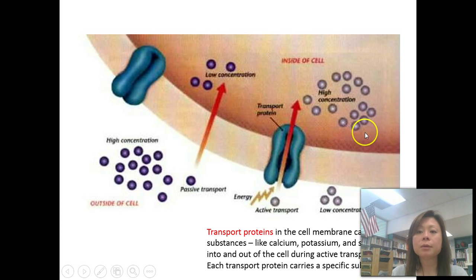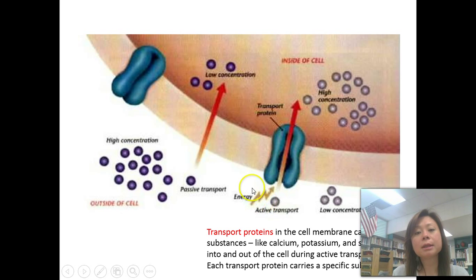On this side, we see a lot more molecules on the inside than the outside. So here's higher concentration inside of the cell and lower concentration on the outside. So you would think that these molecules want to come out of the cell, and that would be considered passive transport. But sometimes the cell needs to bring in more even though they have higher concentration on the inside. So what they'll do is they'll use these transport protein doors, and they will grab it and bring it in.